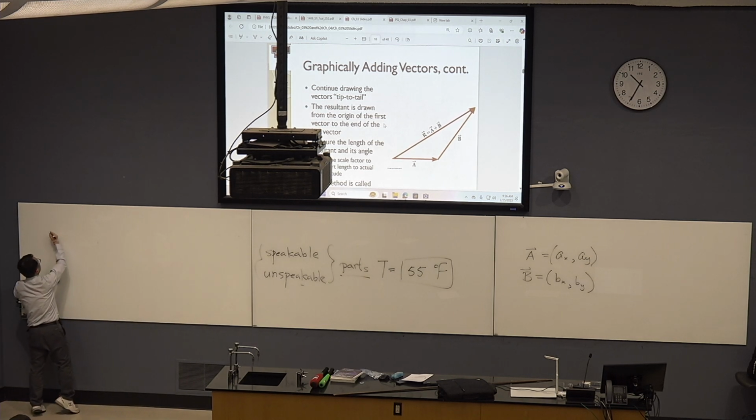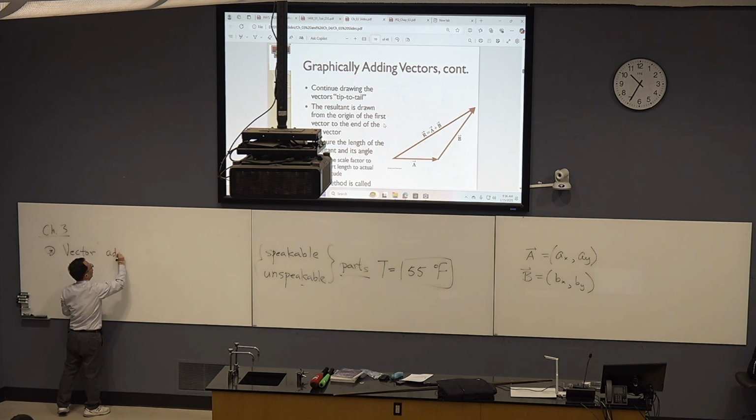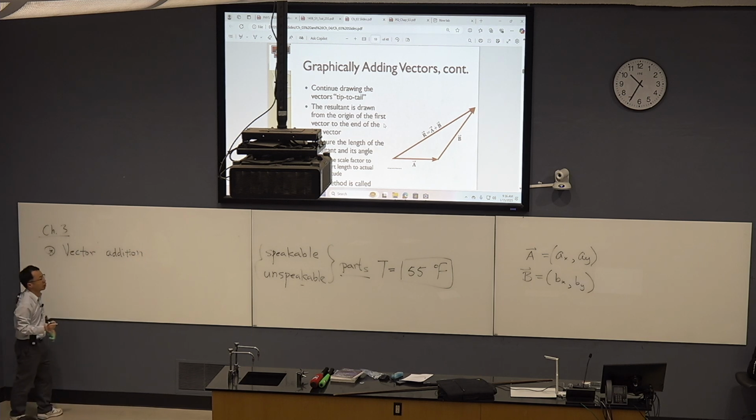So now we are in chapter 3. Chapter 3, we talk about this as a whole. So the topic we are going to consider here is called vector addition. How do we add up two vectors or multiple vectors? Say we have a vector A and vector B. We want to get the sum.